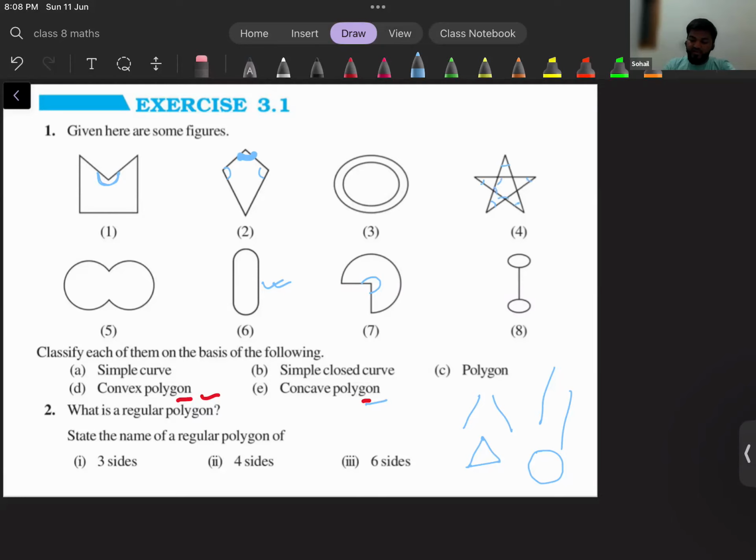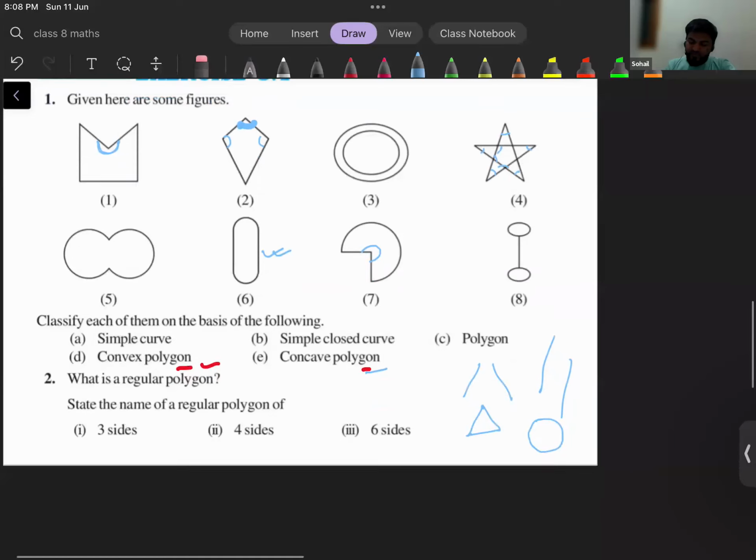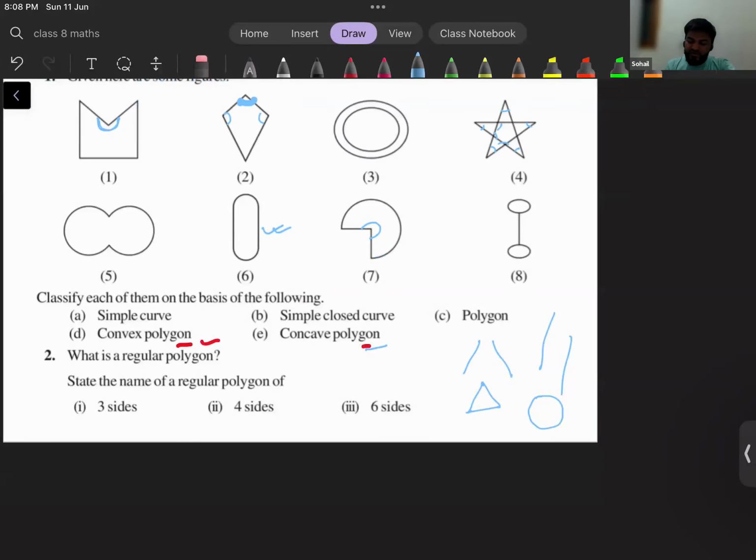Now, question number 2 says, what is a regular polygon? You guys know. And you have to name a regular polygon of 3 sides, 4 sides, and 6 sides. Name a regular polygon of 3 sides. Triangle, but it has to be a regular polygon.